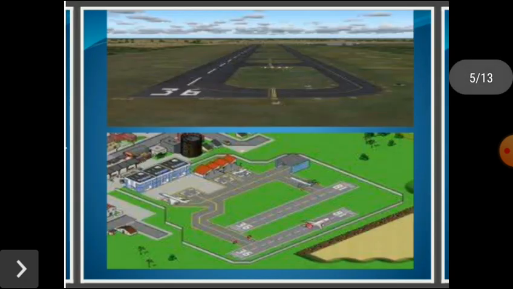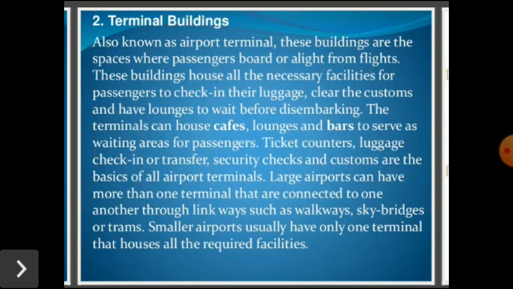The next component, the terminal building. This figure shows the image of a terminal in a typical layout. The terminal building is also known as the airport terminal. These buildings are the spaces where passengers board or alight from flights. These buildings house all the necessary facilities for passengers to check in their luggage, clear customs, and have lounges to wait before boarding.